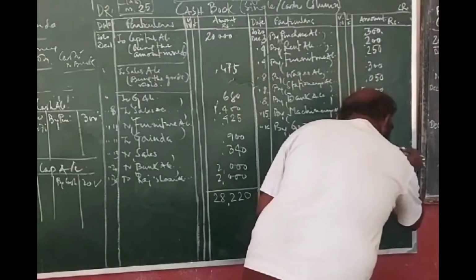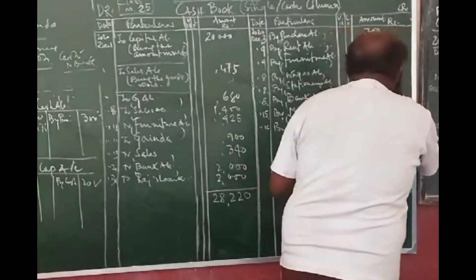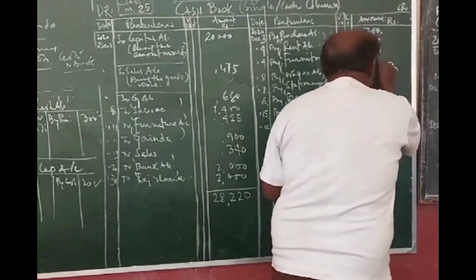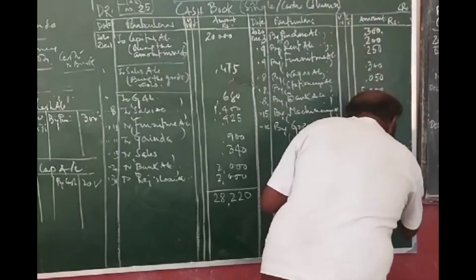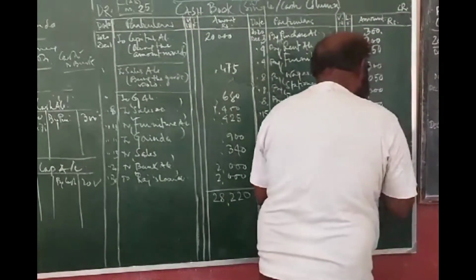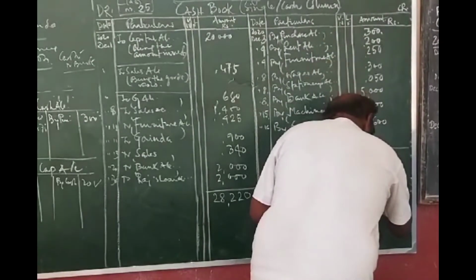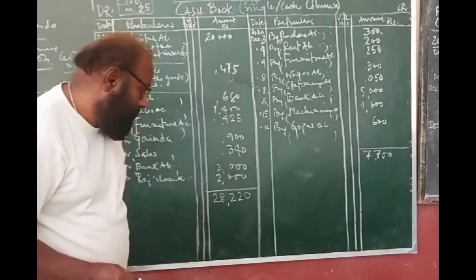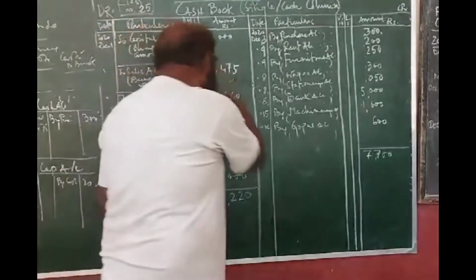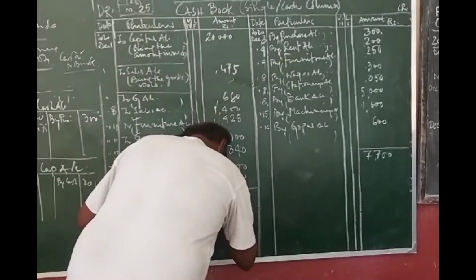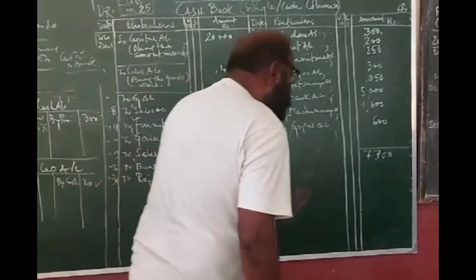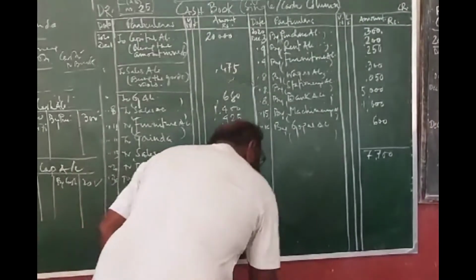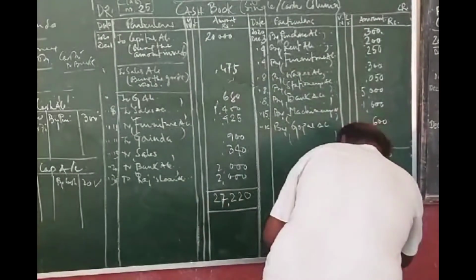The amount is 27,000, that's good. Now it is 27,220. Now we have to balance it.